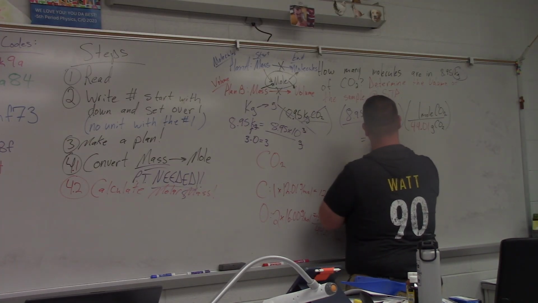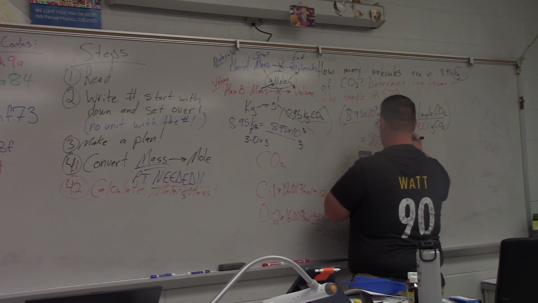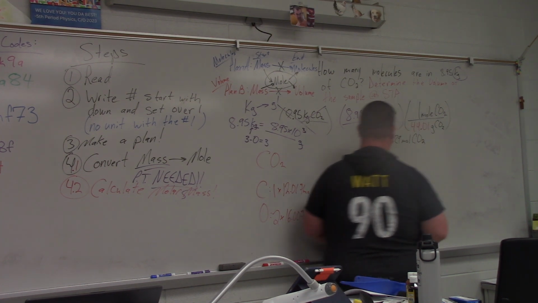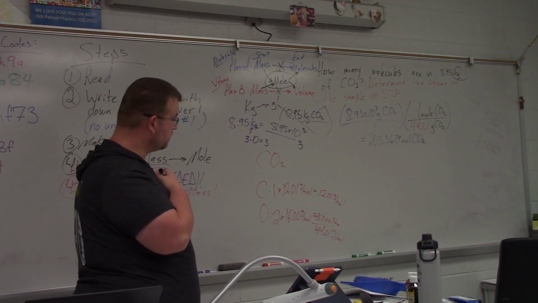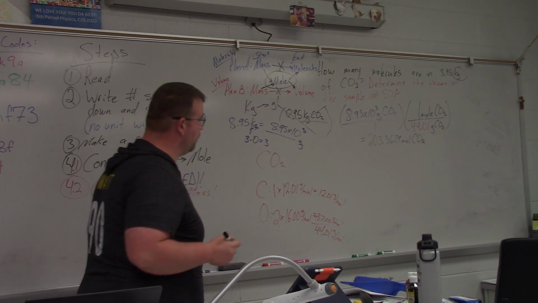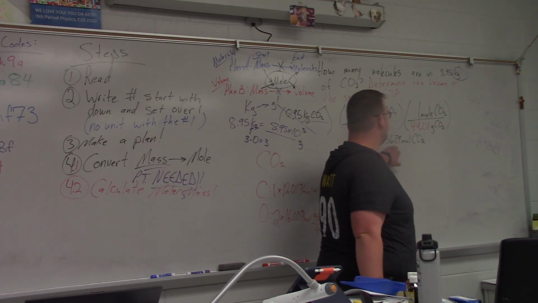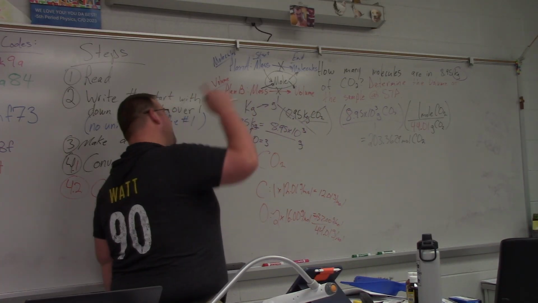I get 203.3629 mole carbon dioxide. Could we just round it to that 363? Yeah, if you did .363, that's fine. I'm not gonna kill you on that. Now, I want a couple places past this. Don't go crazy.